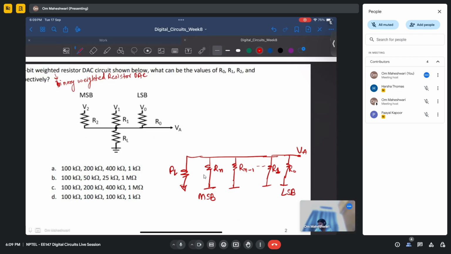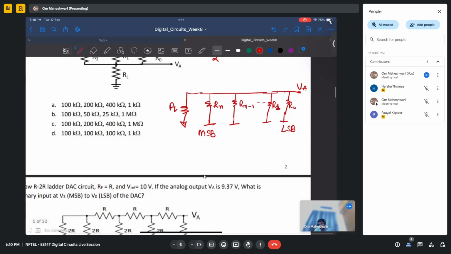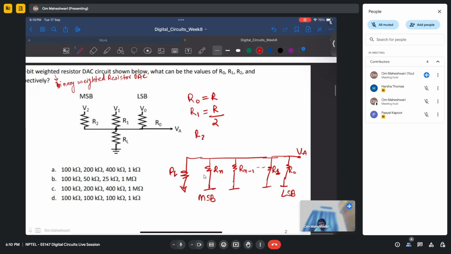Now, in binary weighted resistors, if R0 equals R, then R1 will be R by 2, and similarly R2 will be R by 4. Similarly, Rn will be R by 2 to the power n.